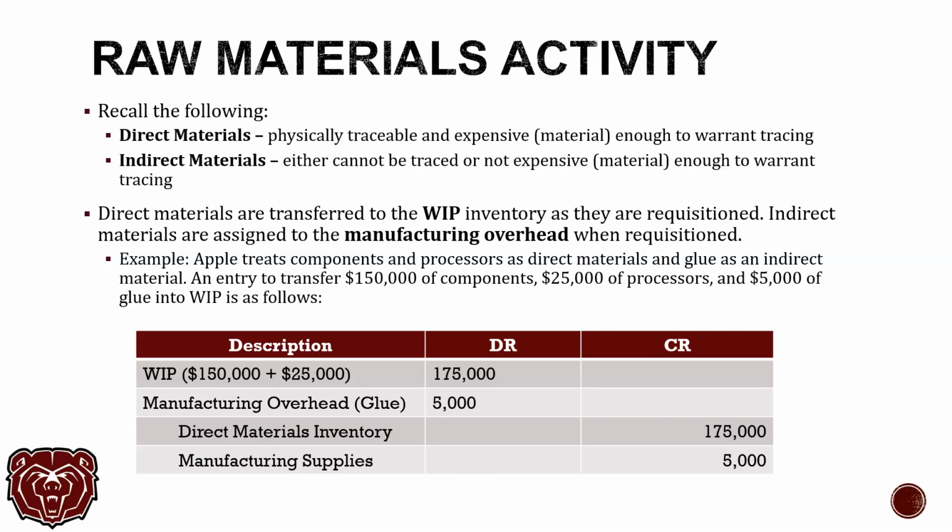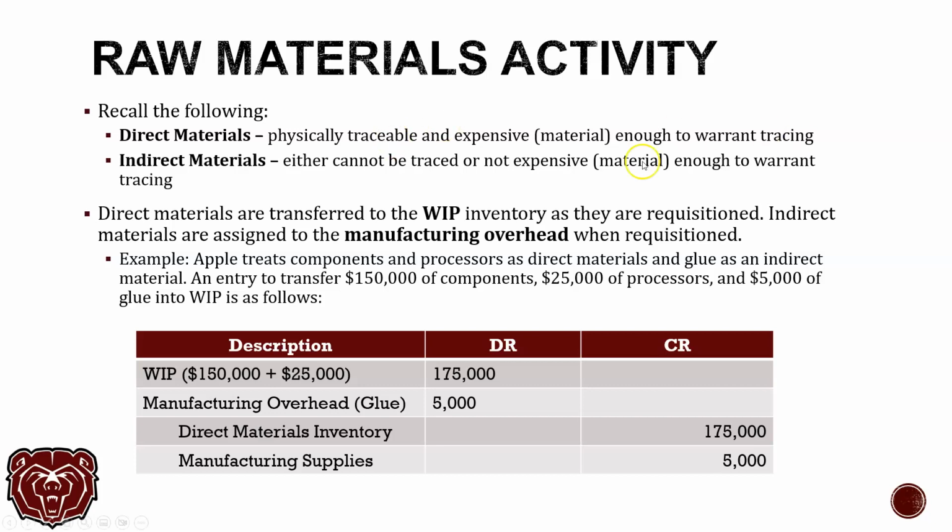Direct materials we transfer directly to our work in process or WIP inventory as they are requisitioned. Indirect materials get assigned to this manufacturing overhead temporary account when we requisition them. So direct materials go straight to the work in process. Indirect materials go to the manufacturing overhead, and we will allocate portions of that manufacturing overhead to the work in process, to that WIP account.